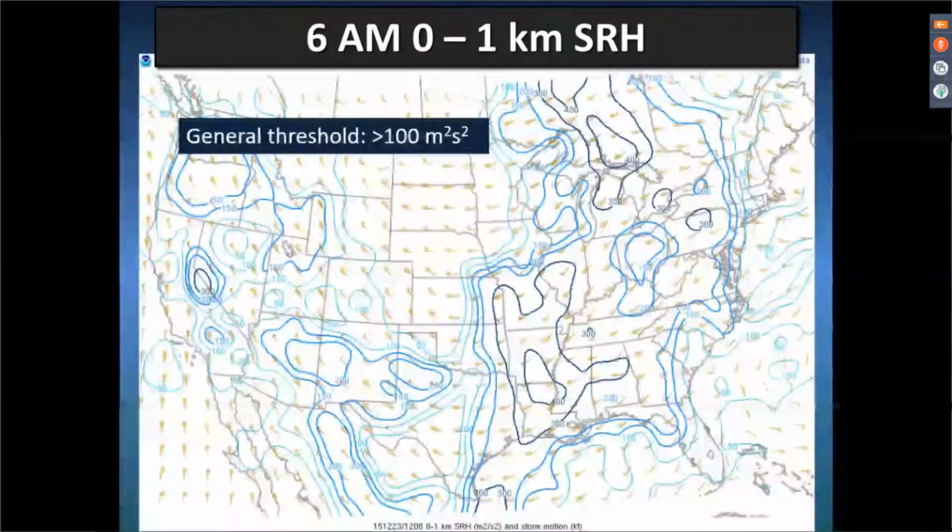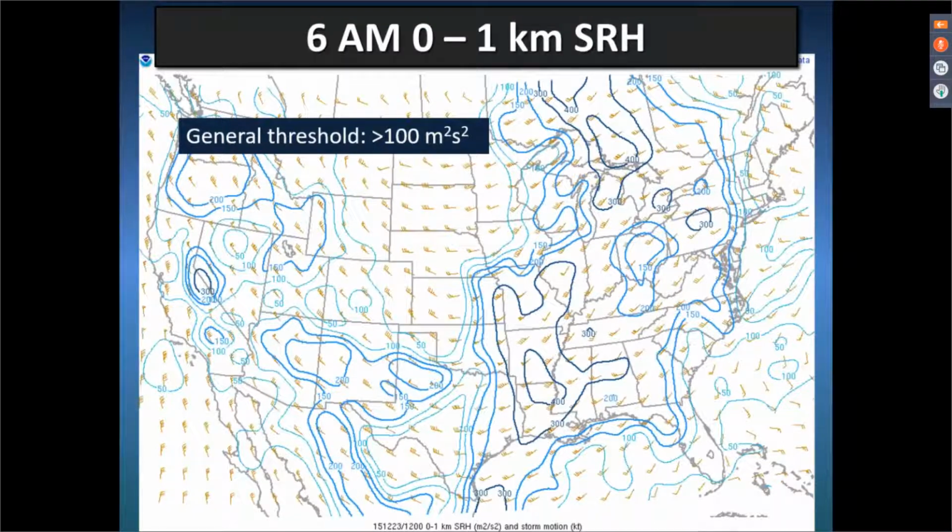Great job. All right. So now let's look at the wind shear in the atmosphere. This is the wind shear that morning, the 0 to 1 kilometer SRH, or storm relative helicity. Remember that SRH is a measurement of the amount of rotation potential for thunderstorms.